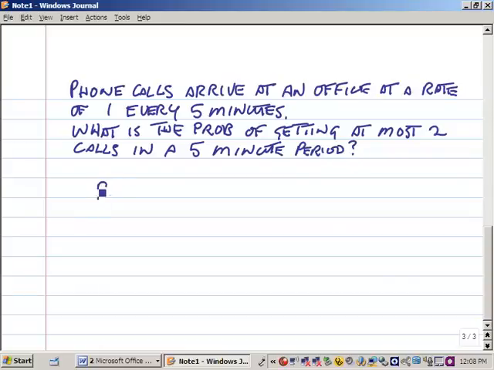So this is the probability: X is the number of phone calls, at most 2. You read those the same way as you did for the binomial, because this is just another discrete probability distribution. So X less than or equal to 2, given certain parameters. For the binomial we had two parameters, n and p. In this case, we'll just have an average, and we'll just write it as average.